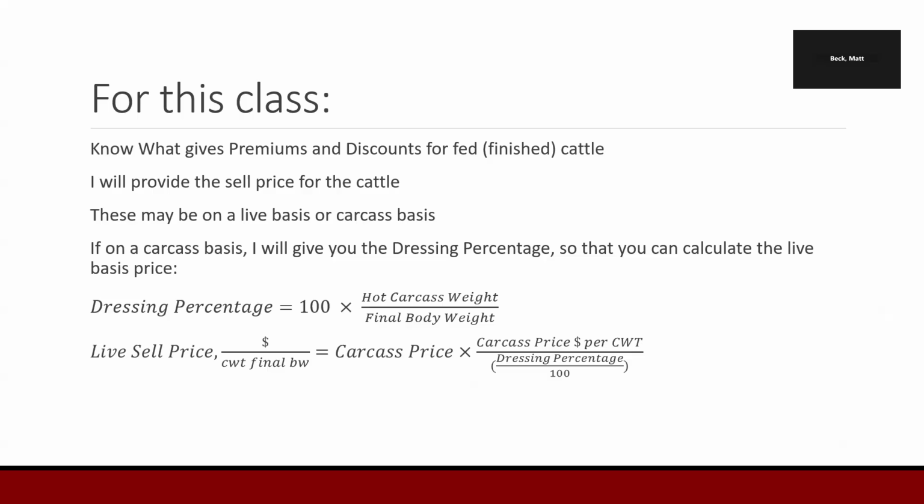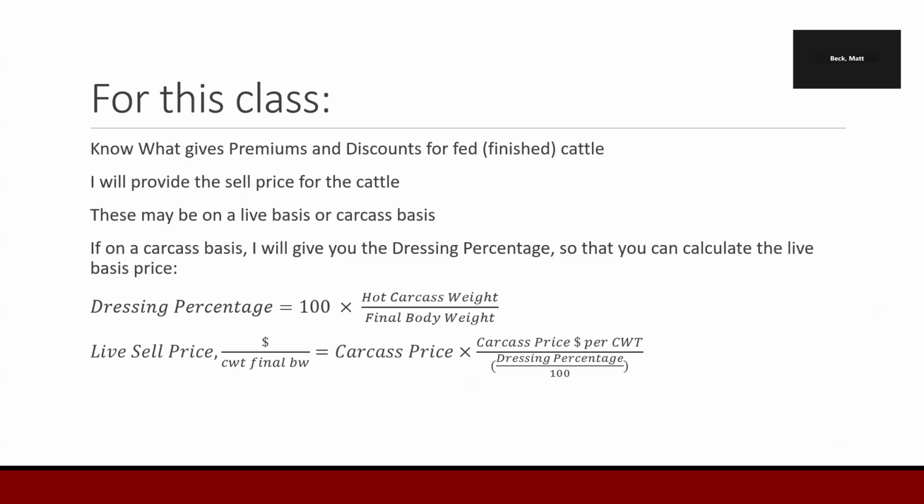Okay. So dressing percent, 100 times the hot carcass weight divided by the final body weight. So maybe I don't give you dressing percent, but I give you carcass weight and final body weight, and you have to calculate that yourself. Is that unfair? I'm just kidding.